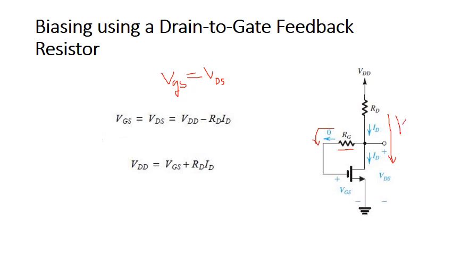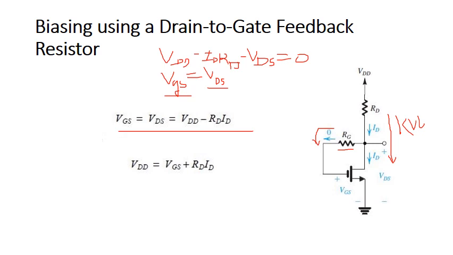If we apply KVL at this particular path, it will be VDD minus IDRD minus VDS is equal to 0. Now VDS is equal to VDD minus IDRD. Since VGS is equal to VDS, from this equation it will be VDD minus IDRD.